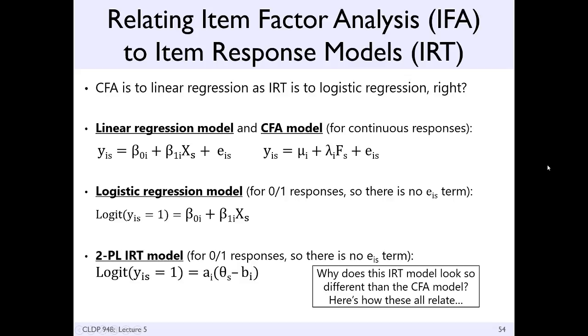So the first line here, linear regression and CFA. Even though CFA has different symbols, so we have that mu-looking thing for beta 0, and we have lambda for beta 1, they map onto each other perfectly. So beta 0, or the intercept, I guess, is that mu? Greek people? Excuse me, people who understand Greek symbols.